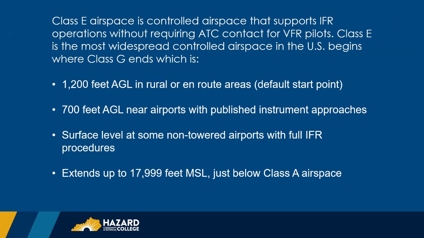Class E airspace is controlled airspace that supports IFR operations without requiring ATC contact for VFR pilots. Class E is the most widespread controlled airspace in the US and begins where Class G ends, which is 1,200 feet above ground level in rural or en route areas, 700 feet above ground level near airports with published instrument approaches, or the surface level at some non-towered airports with full IFR procedures.